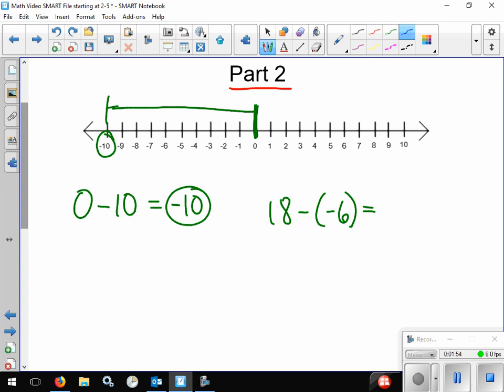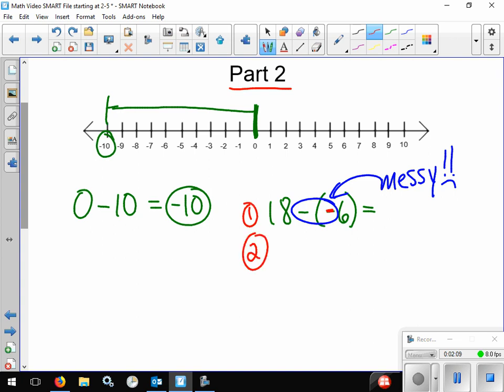You know what I'm going to say. Messiness. Messy. Very sad. So how do I fix it? How do I clean it up? Remember, negative's red. So we wrote the problem, then we're going to rewrite it, cleaning it up. 18 minus a negative 6.